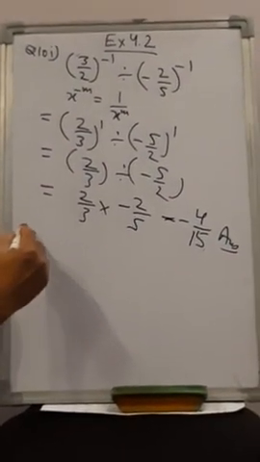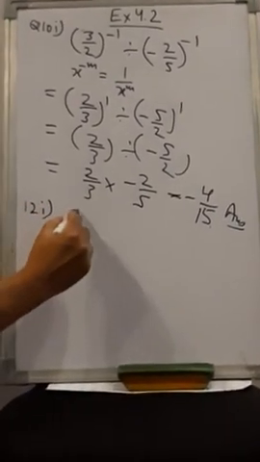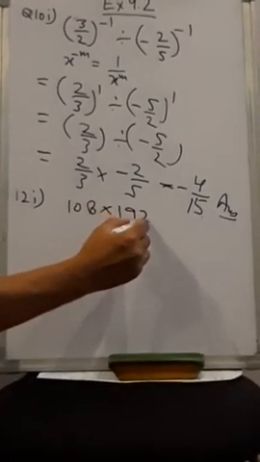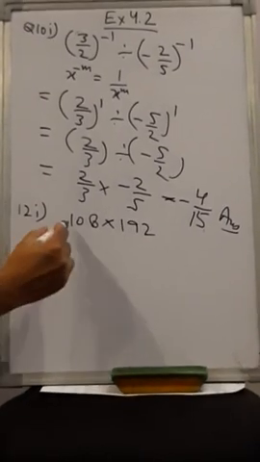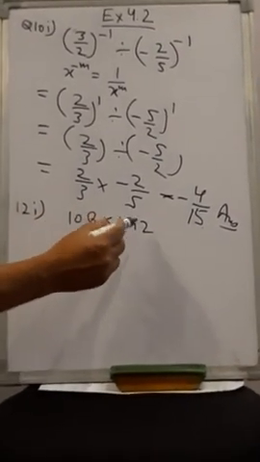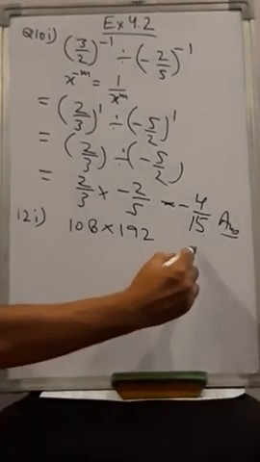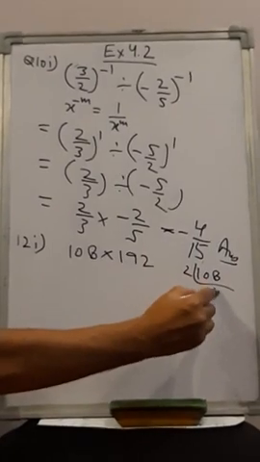Look at question number 12, first part. You have to write this product in exponential form. So you have to factorize the given numbers, and you all know how to prime factorize the given number. So let us factorize both the numbers one by one.